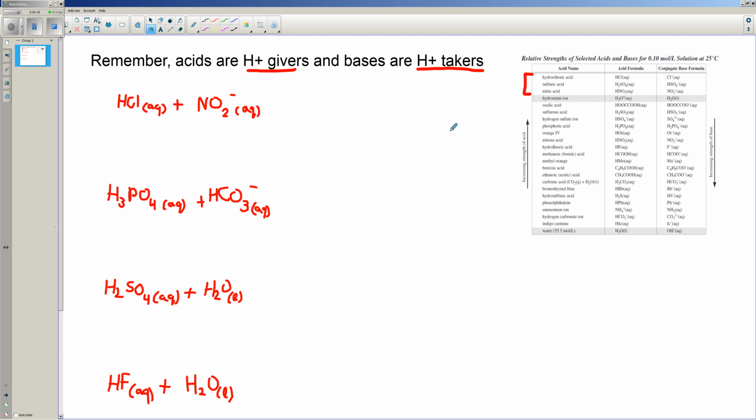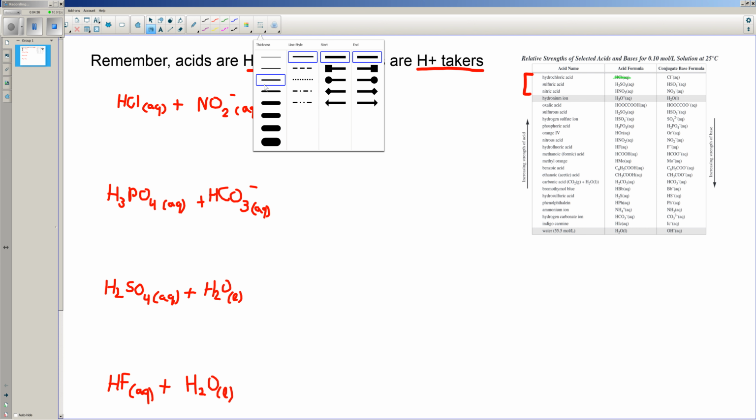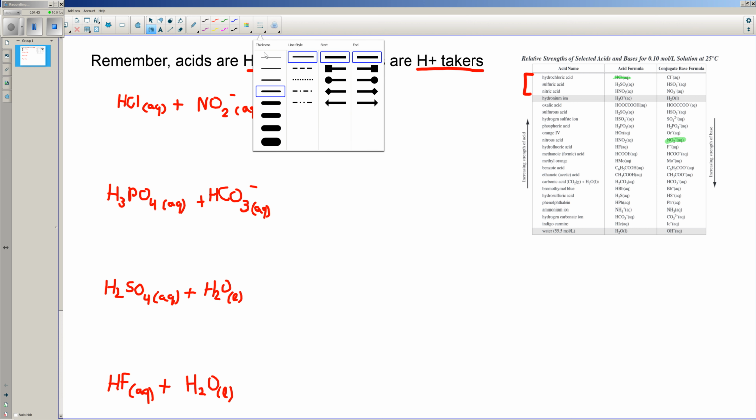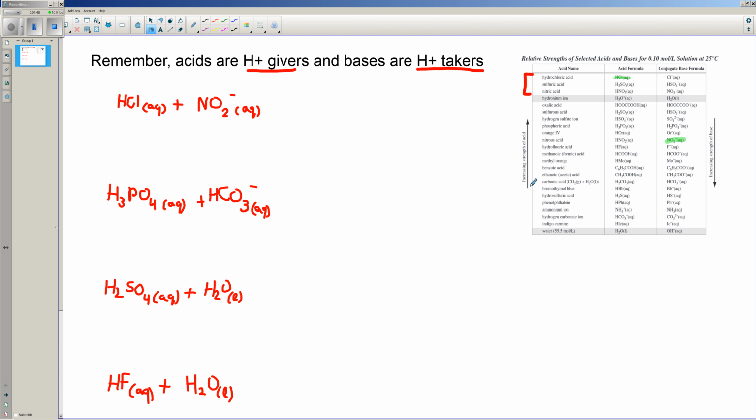This is something that you absolutely need to know how to do. So let's get my little highlighter out here. I'm going to make it not opaque so we can see the words. I want to do a reaction between HCl and NO2-, right there. And if you notice on the left side of the table, it says increasing strength of acid.